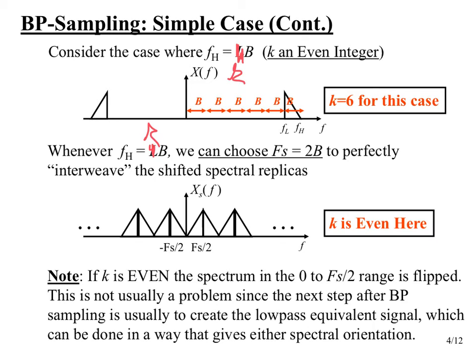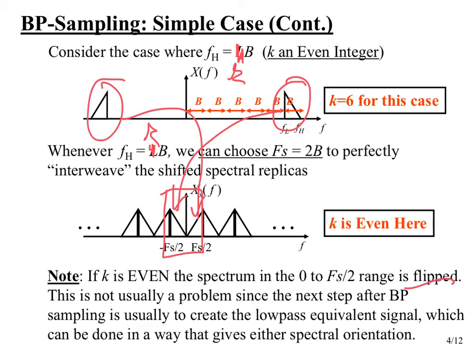However, if we look at our minus Fs over 2 to Fs over 2, we don't see the same kind of shape. We see that this is actually moved over here, and this is actually moved over here. So in some sense, we get some sort of flipped spectrum. However, this isn't really an issue, as we discussed just a minute ago.